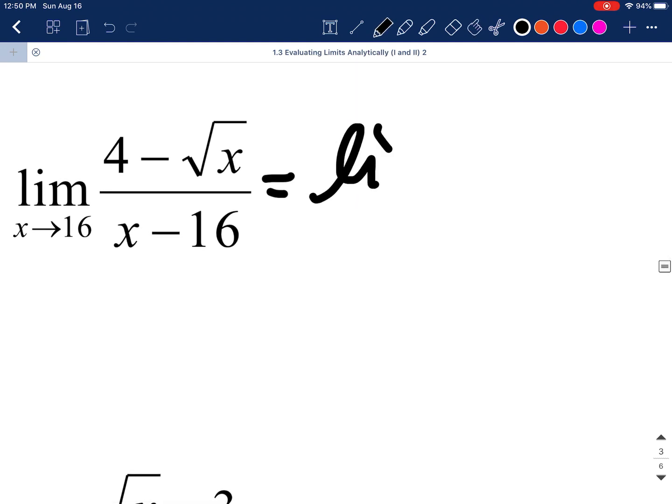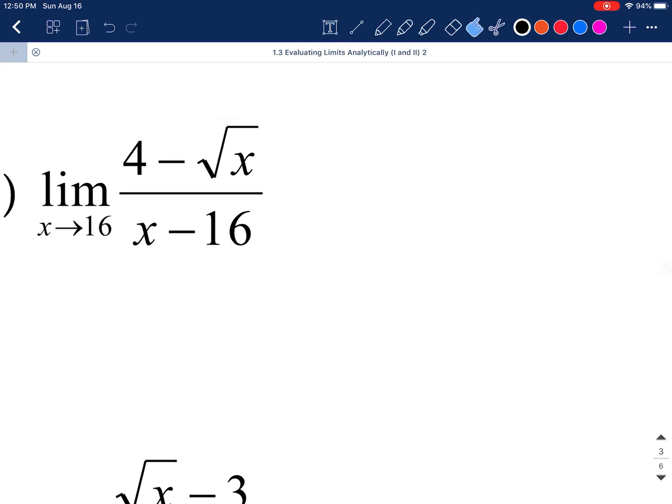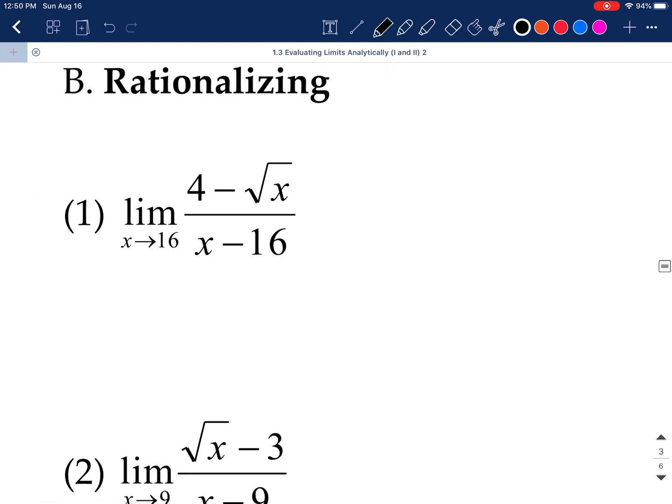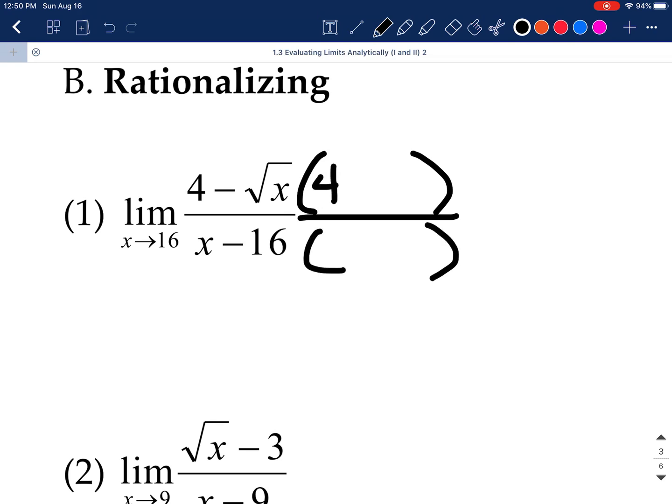So we've got the limit as x approaches 16 of, let's go back. We don't need to rewrite that expression. We need to alter the expression. So we're going to multiply and divide by the conjugate. So the conjugate is completed by creating a difference of squares if you have a binomial set of terms.